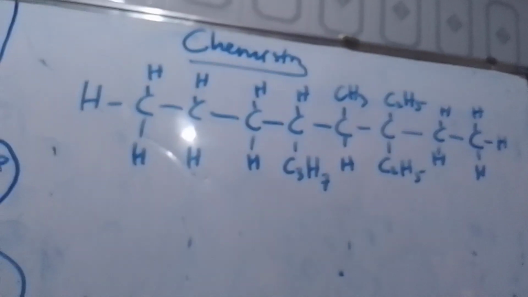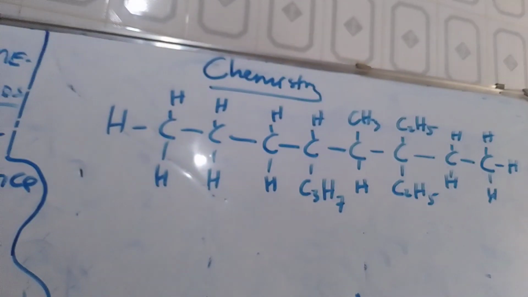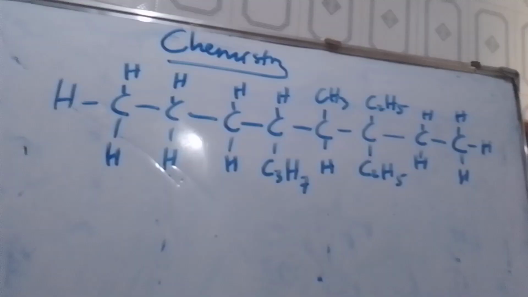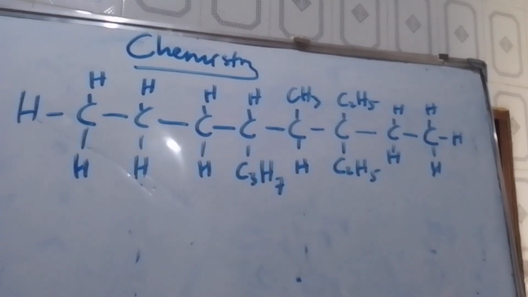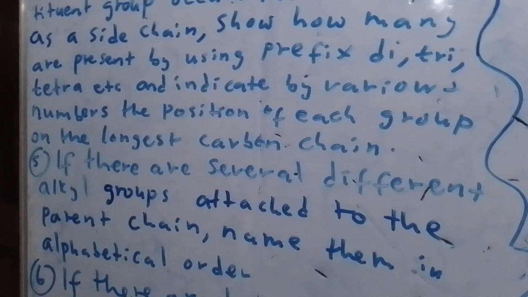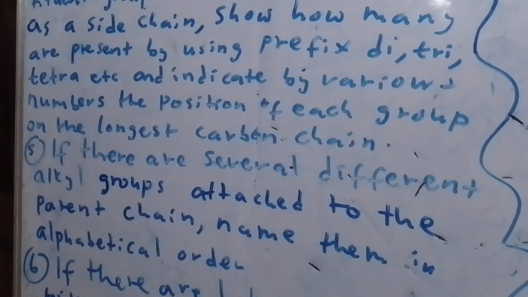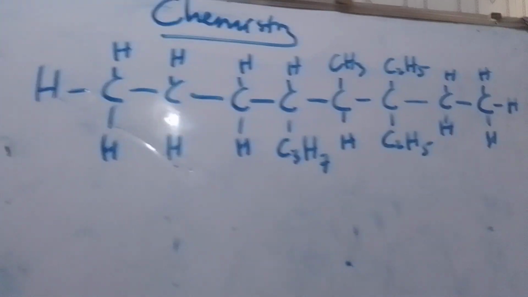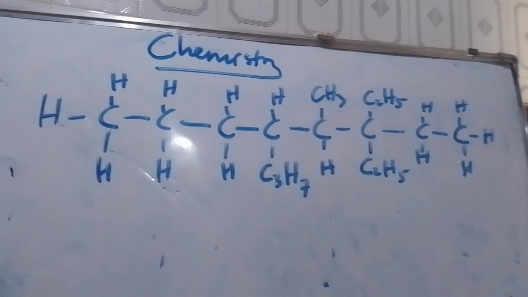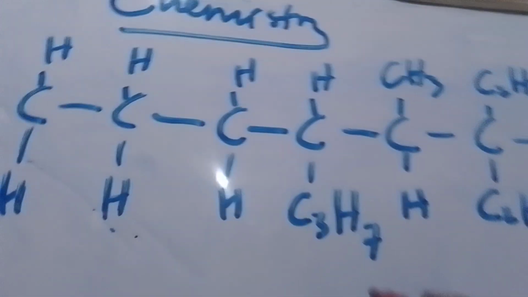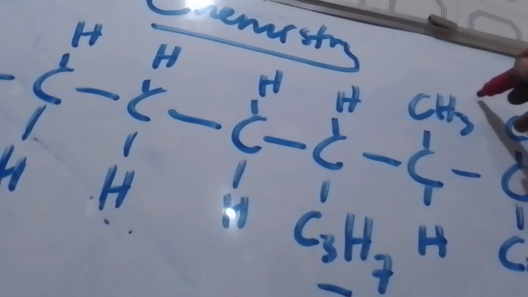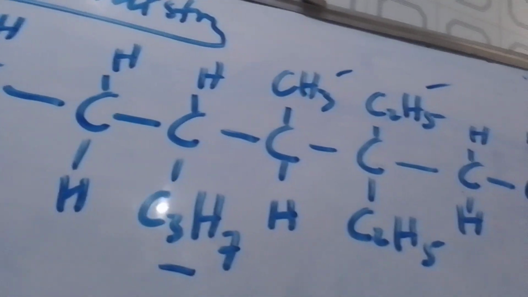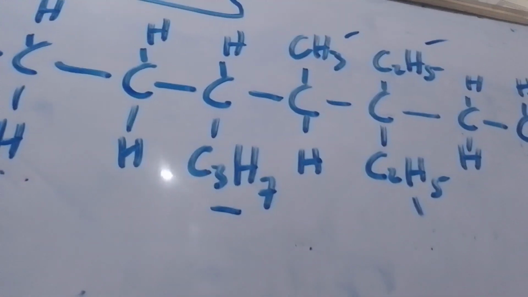If I have a compound on the board there, remember rule number 5 says name the different alkyl groups in alphabetical order. Look at that compound. You notice that we have different alkyl groups there. Starting from here, this is a propyl, this is methyl, this is ethyl, and this is another ethyl.